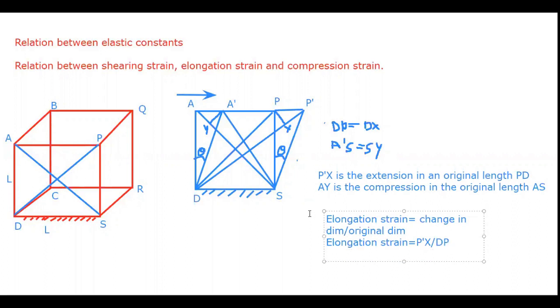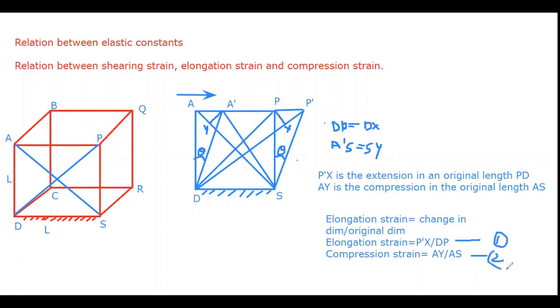And similarly, the compression strain will be equal to the change in dimension to the original dimension. The change in dimension is AY by the original dimension AS. Now let us call these equations 1 and 2.